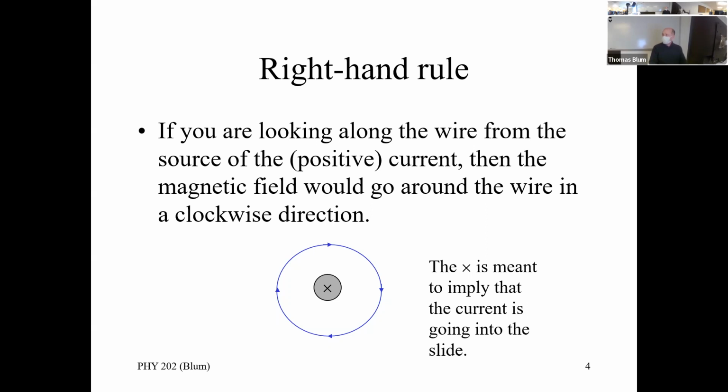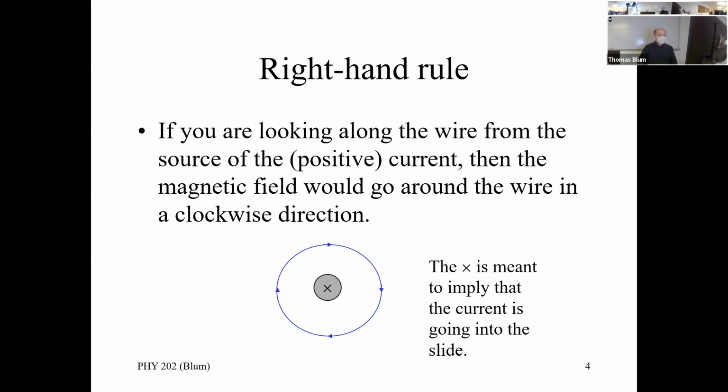The cross is meant to be like the feathers of an arrow, so the arrow is going in. If I put my thumb into the page, my fingers curl around in a clockwise direction.